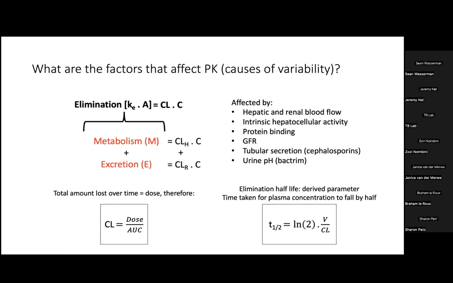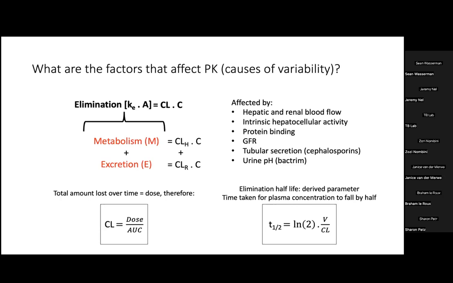Low extraction ratios in the liver, for drugs like most antibiotics, such as beta-lactams, are not influenced by hepatic blood flow, but they're strongly influenced by changes in protein binding, because only free drug can get metabolized by enzymes in the liver. So as unbound drug goes up, maybe due to changes in protein binding, there could be increased clearance. And then also, of course, intrinsic organ clearance.